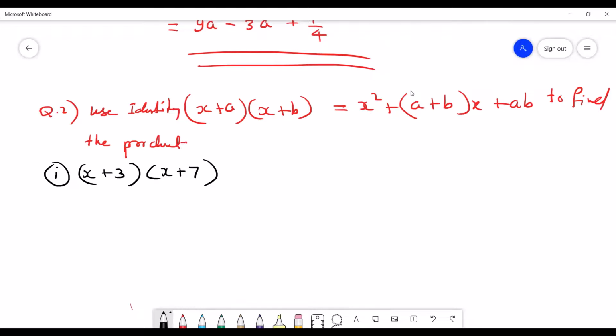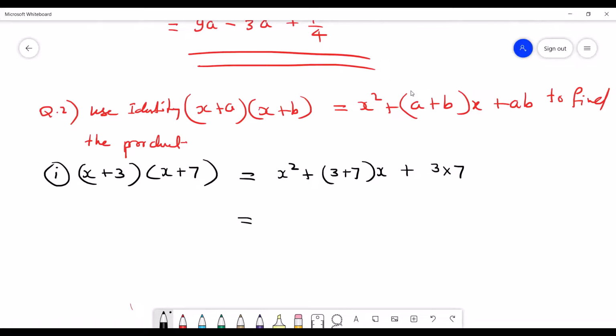So let us consider the above expression, that is x plus a into x plus b. So this will become x square, x stands for x itself. Then a plus b means 3 plus 7 into x plus ab means 3 into 7.